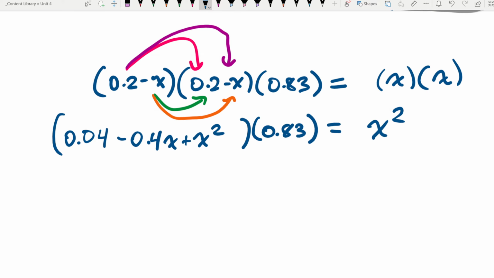Okay. What's 4 times 0.83? Or 0.04 times 0.83? Anybody? I mean, it's going to be 0.0332. Cool. Minus what's 0.4 times 0.83?